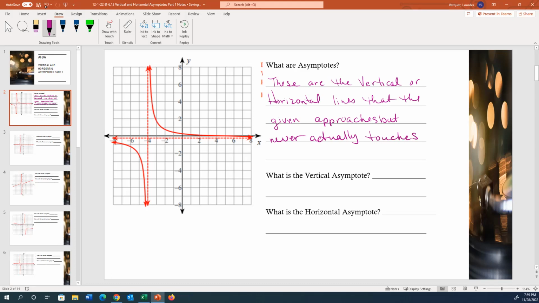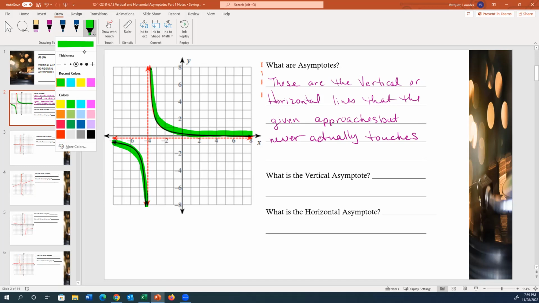So here in this picture, it is showing that we have a graph, and the solid line is the graph that they put on here. So they entered the equation and it graphed this way. Those two green lines, that's how it graphed. And what we're seeing here is a vertical asymptote.